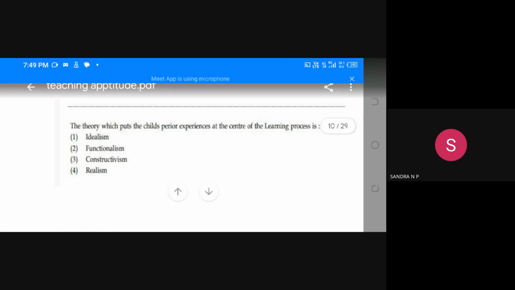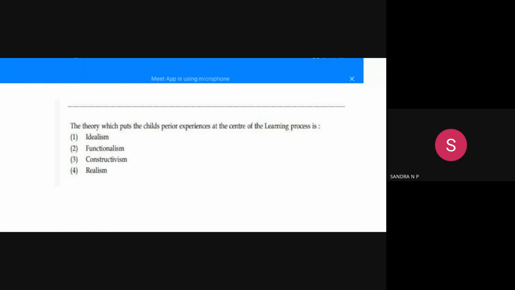Answer is constructivism. You will come to know more about constructivism when you study this education paper.